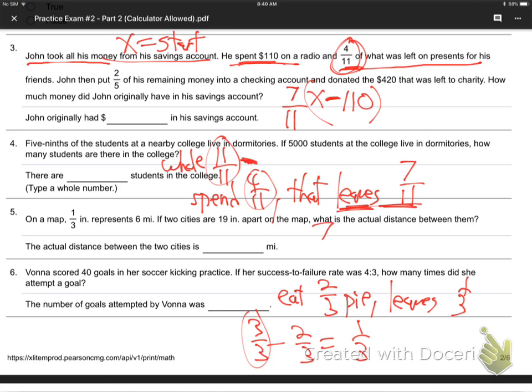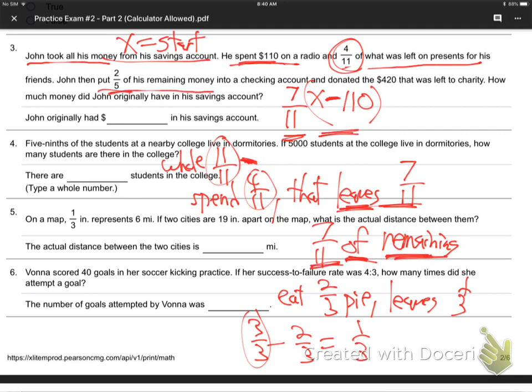Because 7/11ths times the remaining part, 7/11ths times x minus 110. That's what he's left with. Does that make sense? If he loses 4/11ths, that means 7/11ths of the remaining part is left.